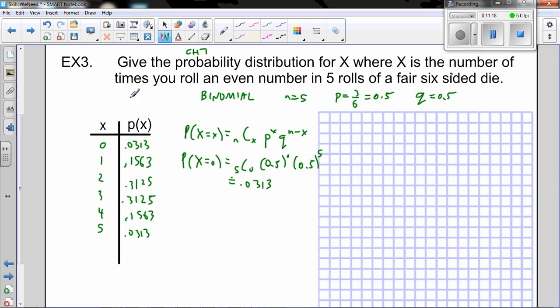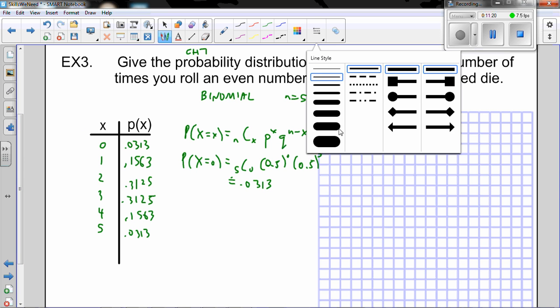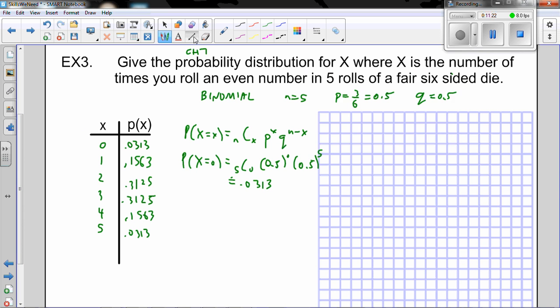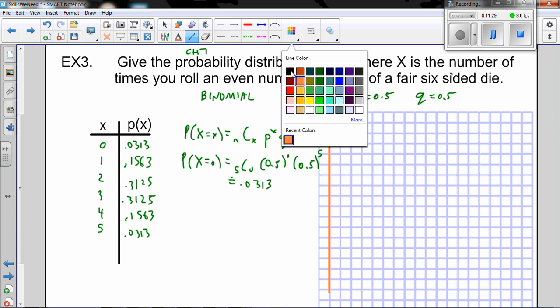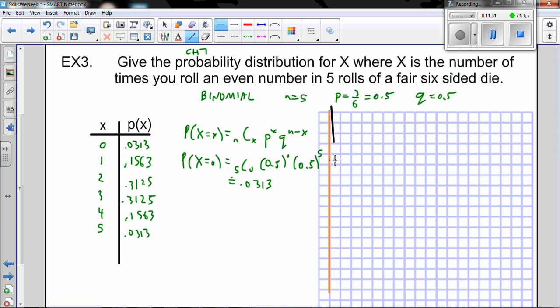This is just a binomial probability distribution. We did this last chapter. Red, nice. Let's try black. It's going to make for a funky graph, but that's okay. What do we want?